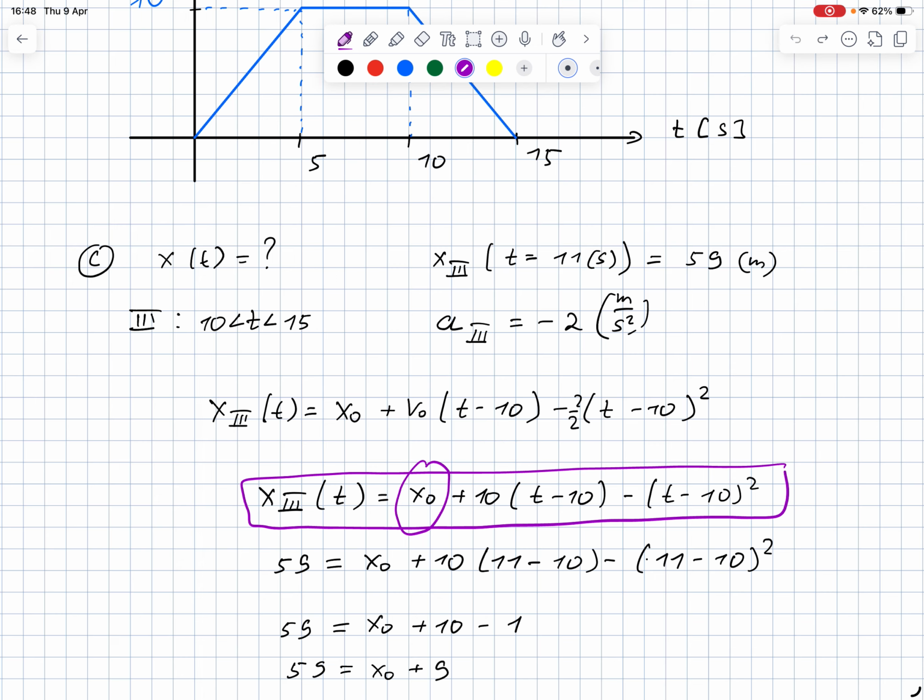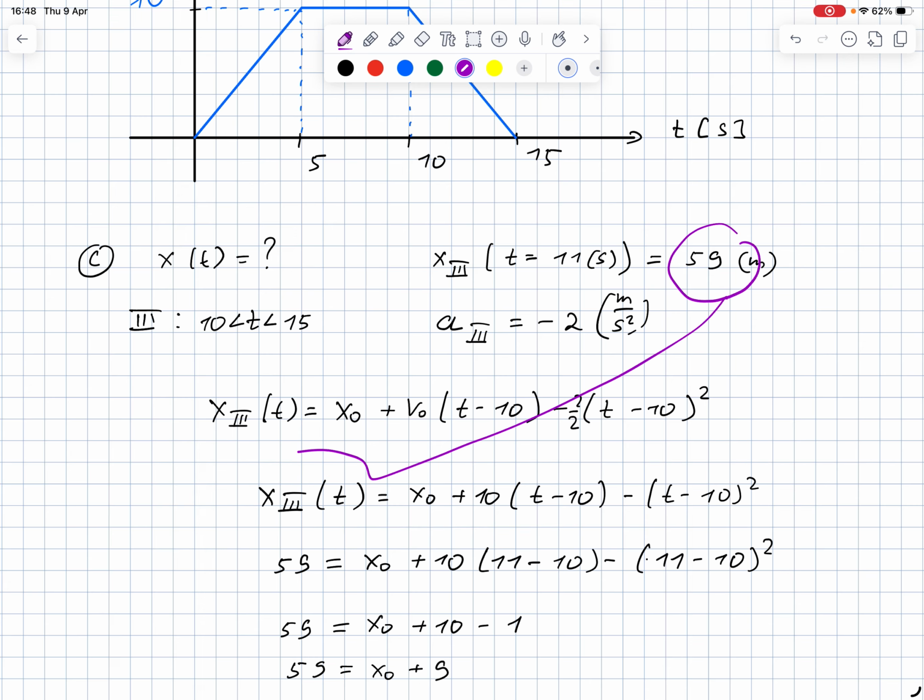So we're going to use this data. I will substitute x of t by 59, and instead of t, I will substitute the given 11 seconds.